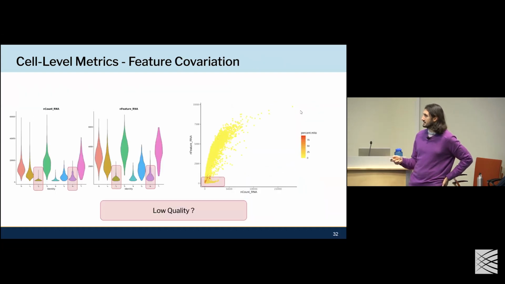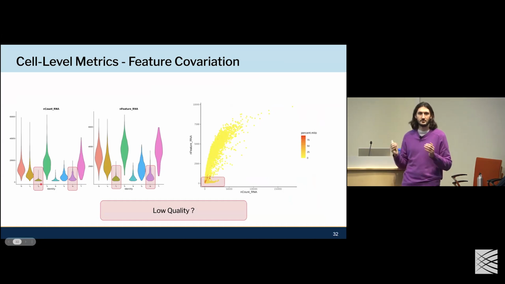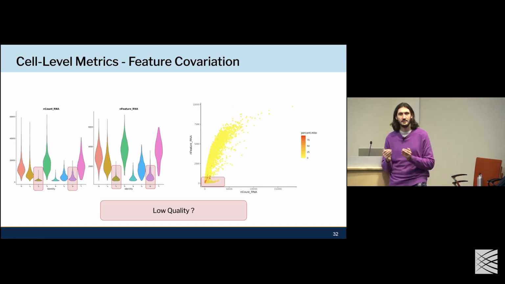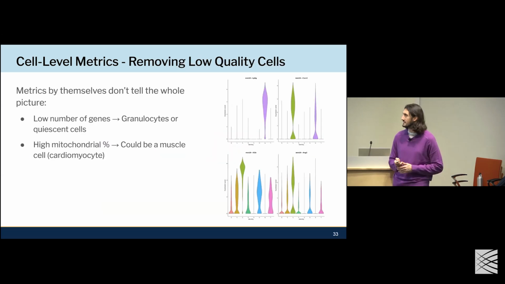If we go back one slide, cluster 2 seems flat as a pancake in terms of the library depth. So just because something has a low number of features or low library complexity, don't just remove it automatically. Take a second to look at what genes are differentially expressed before kicking it out of your analysis, because you could be missing a population that just happens to have those characteristics.